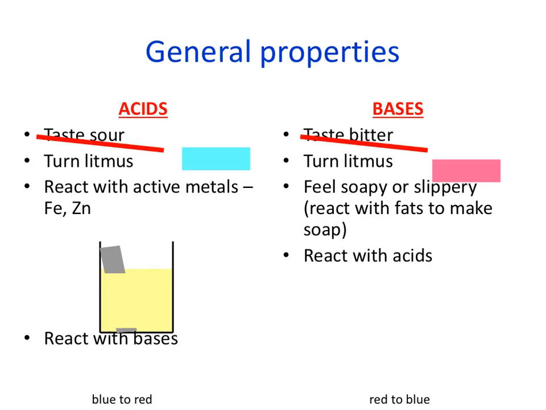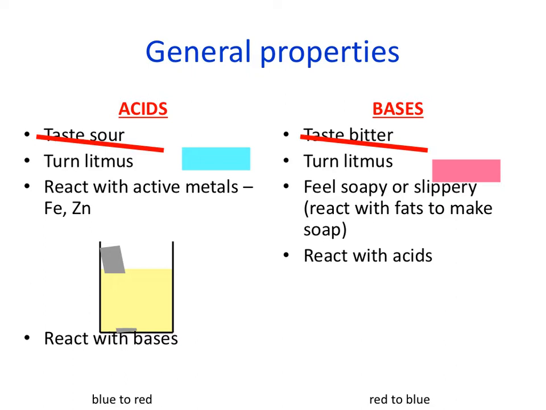So acids and bases are solutions, just like the solutions we've been talking about for quite some time now. They have a couple of key features that help to distinguish between them.